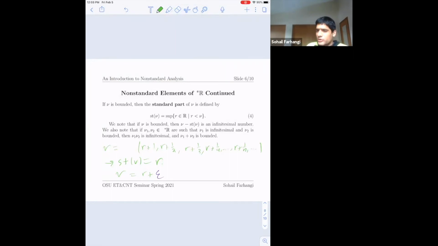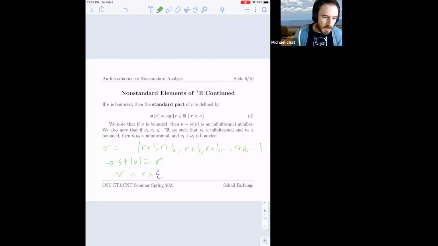Was someone about to ask a question? Oh yeah, I was pre-unmuting my mic. So you say V1 is infinitesimal and V2 is bounded, then V1 V2 is infinitesimal. So I suppose you could have V1 infinitesimal and V2 unbounded, so that V1 V2 is bounded and not infinitesimal.